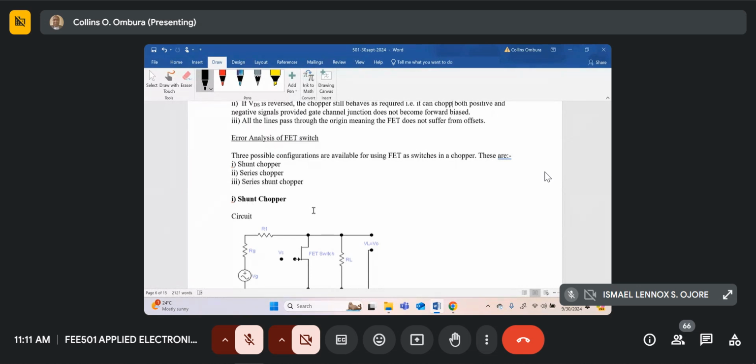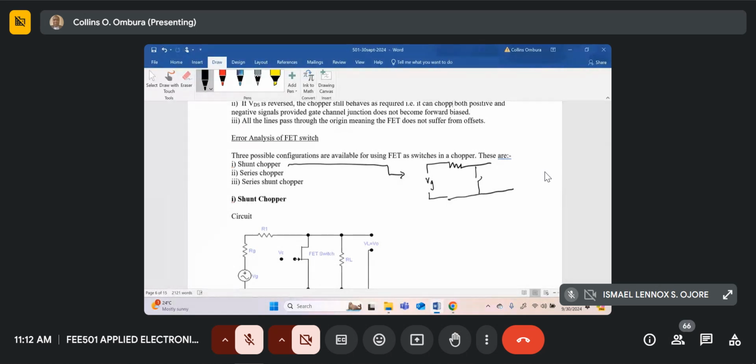I drew two of them for you, but I can just draw them here again. In my analysis, I've started with the shunt chopper. So in the shunt chopper, if you've got a generator, your signal normally has some protection resistance, then you have your switch.